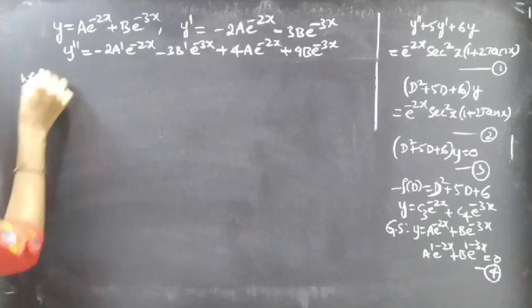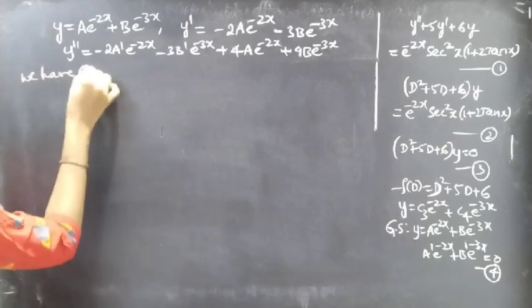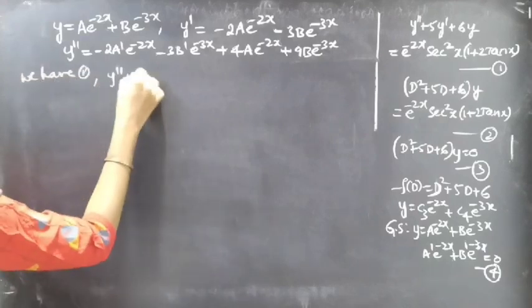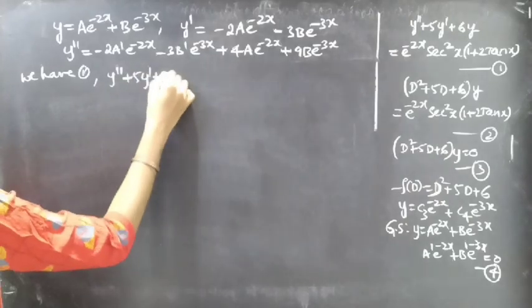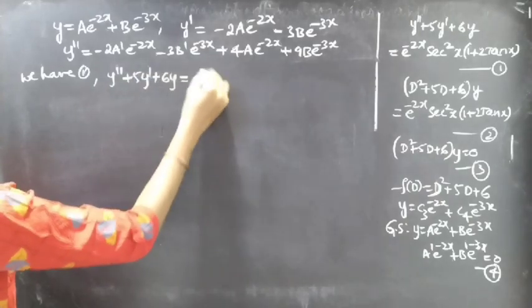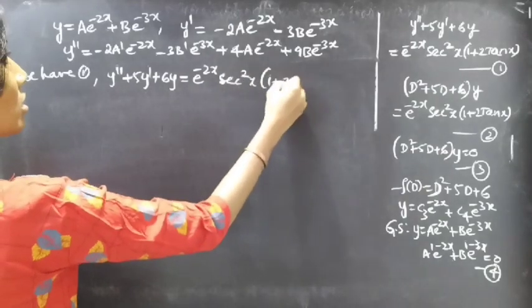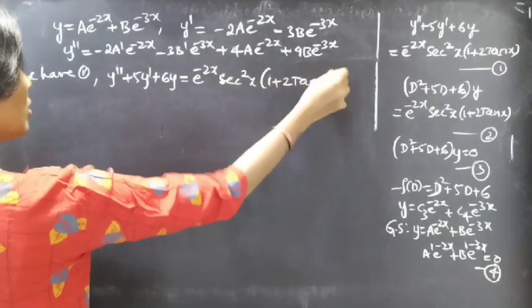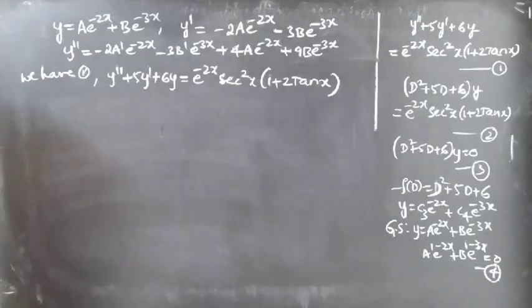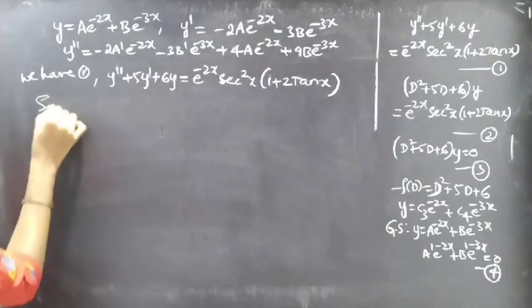We have equation 1: y double dash plus 5y dash plus 6y equals e power minus 2x secant square x of 1 plus 2 tan x, right? Now substitute y dash and y double dash in this equation.